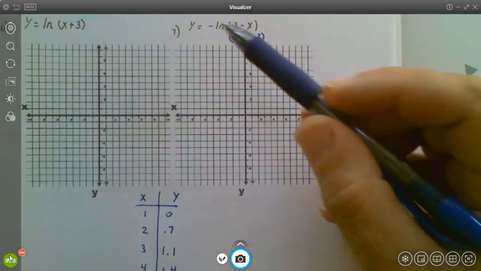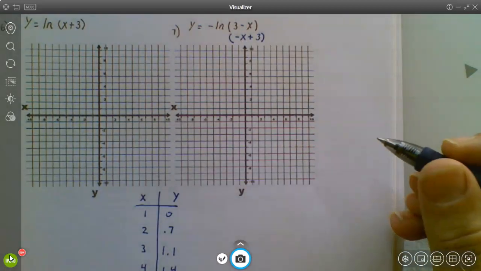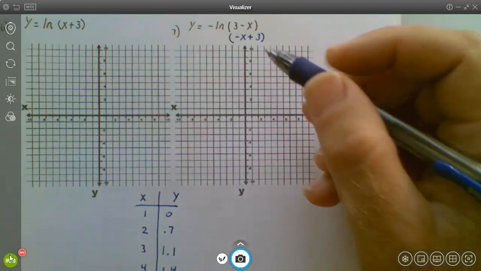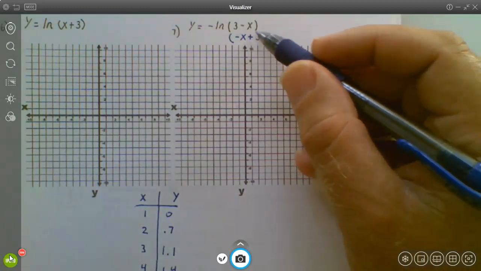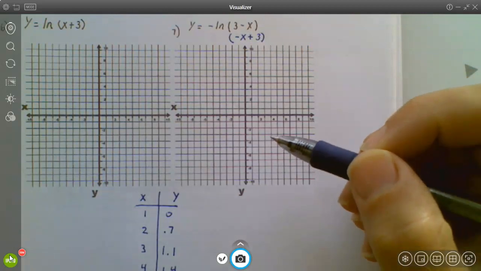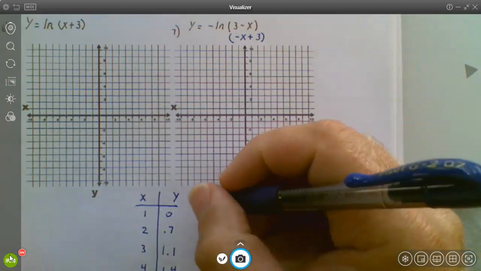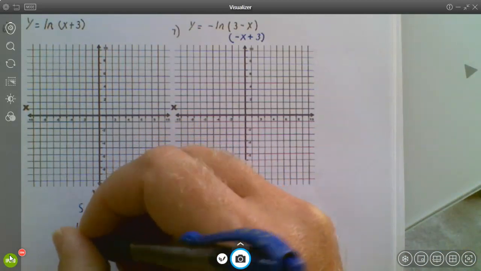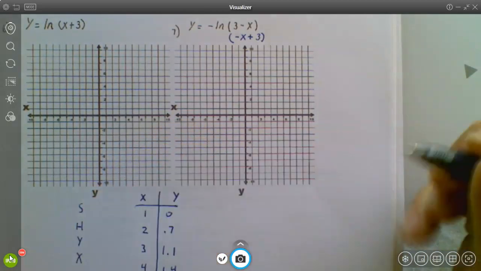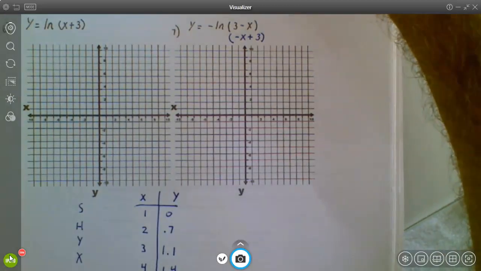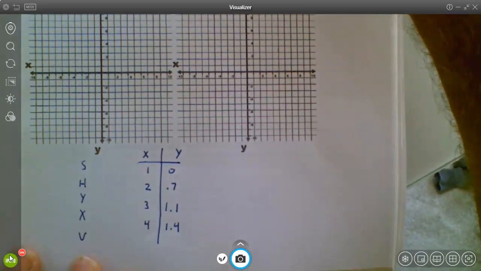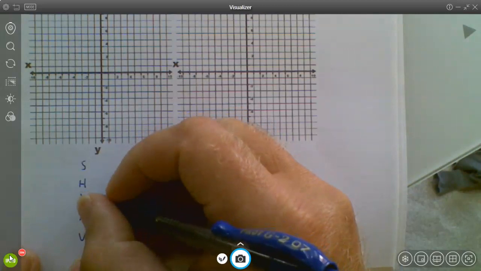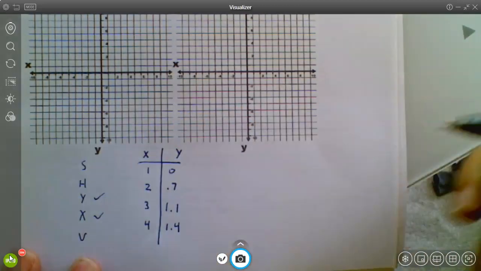So I have reflection across both axes, so we definitely want to make sure I'm doing everything in the right order, and I'm going to subtract 3 from my x's when I do this. As far as our order of operations goes, I have both reflections: I'm going to reflect across the y and reflect across the x.